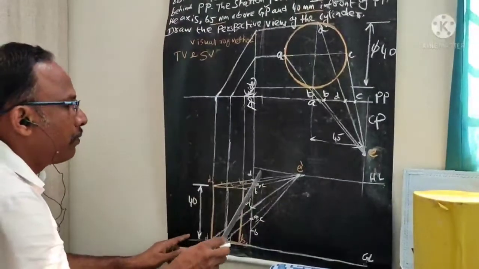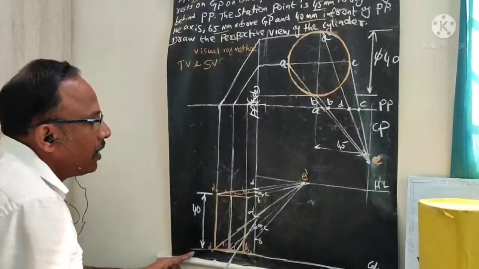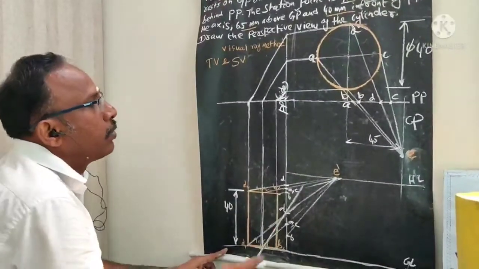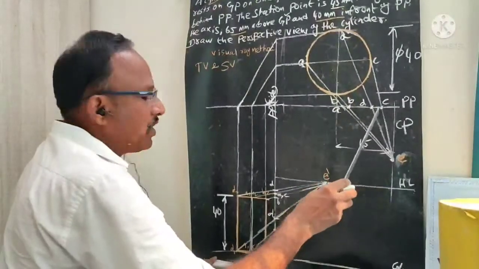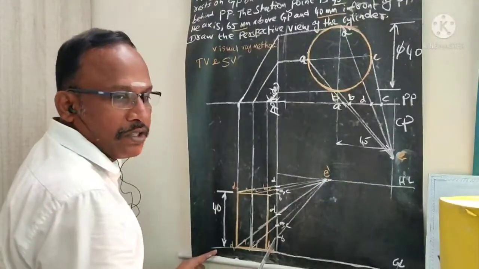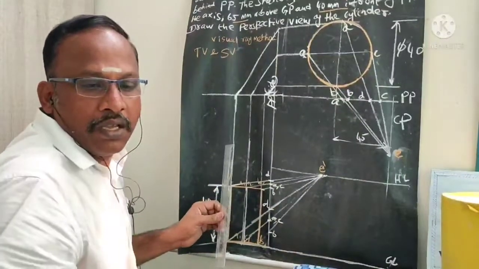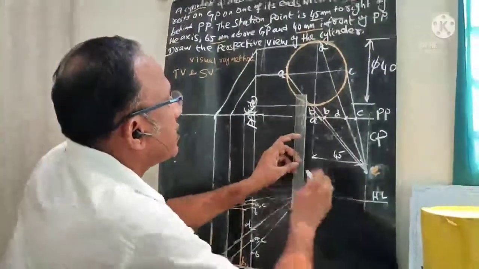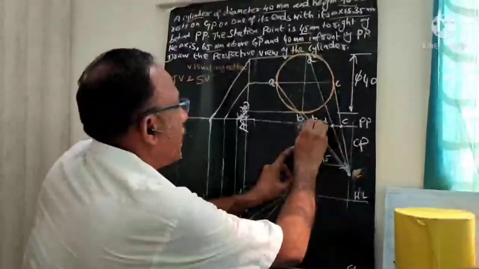So I marked the top corner points and as well as the bottom corner points in this PP. So this is the piercing point in top view, and this is the side view piercing points. I draw vertical and horizontal lines. You will get the perspective view. For example, from this point A, I need to draw one vertical line.